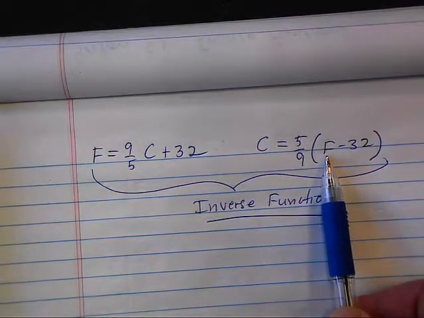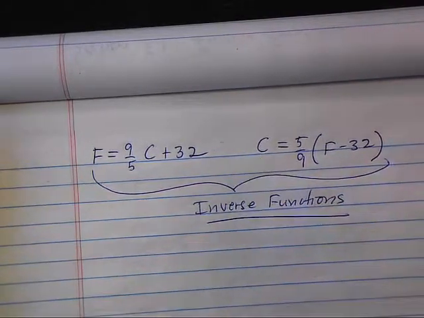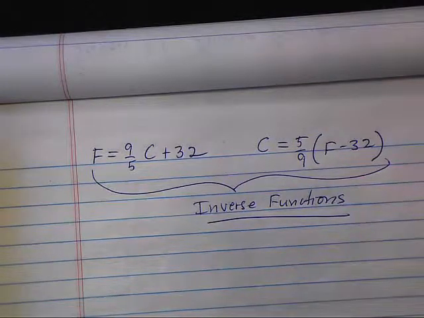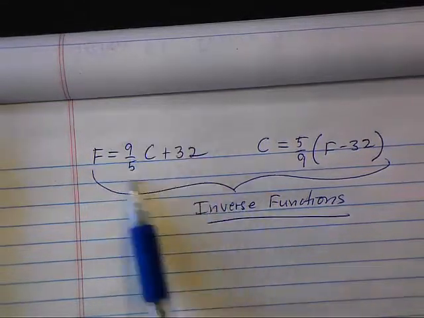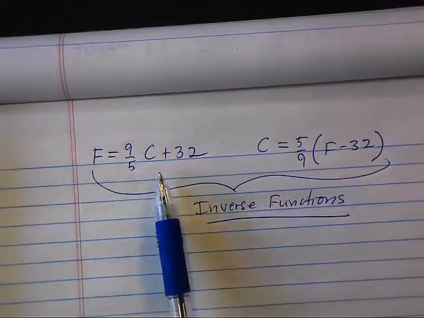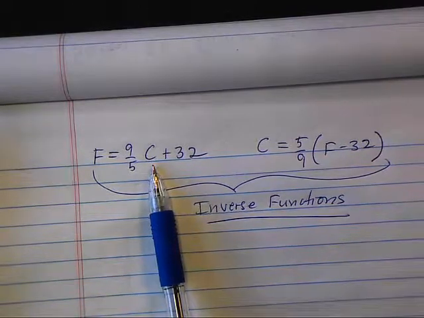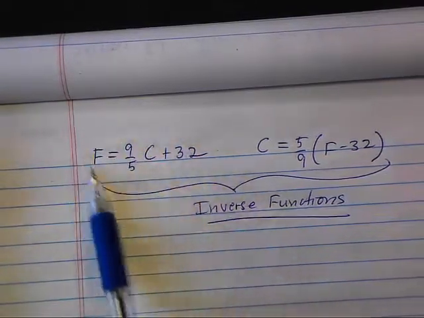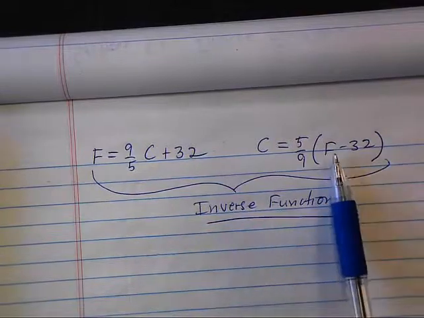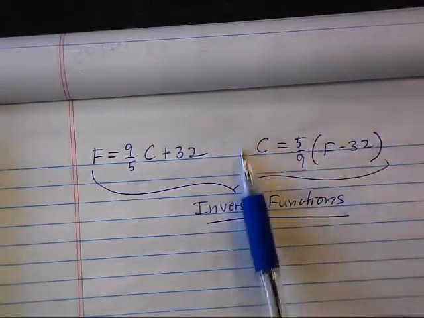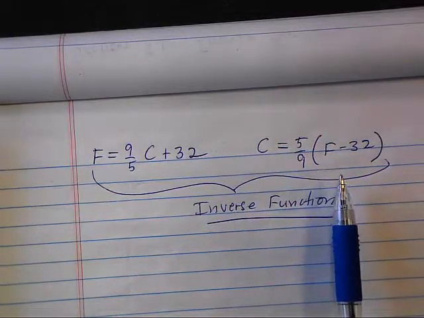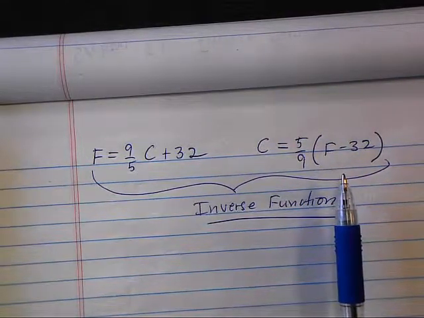This one has input of F, output of C, and those are known as inverses. Depending on what you want to do, sometimes it's better to have the function written this way. If you want to plug in a bunch of C numbers and figure out the F numbers, having the function written this way is better. Conversely, if you want to plug in a bunch of F numbers and find the C values, this form is more useful. Okay? Questions on that?